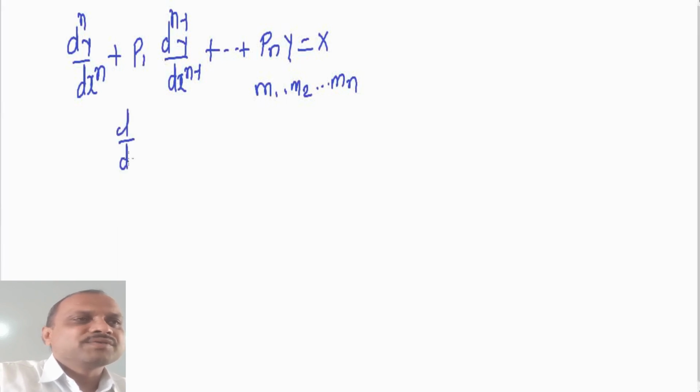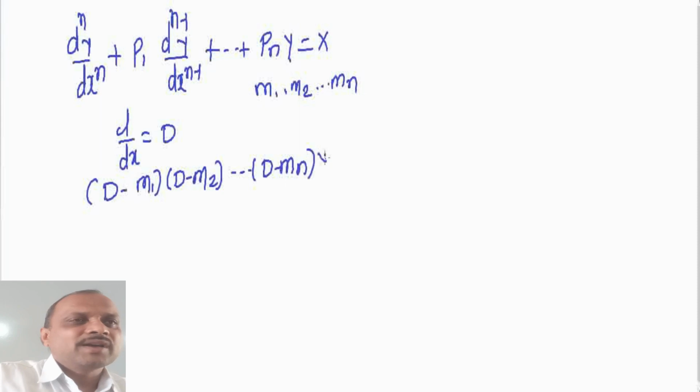Remember, we are using the symbol capital D for d by dx. The above equation we can write as (D minus m1)(D minus m2) ... (D minus mn) y equal to X.